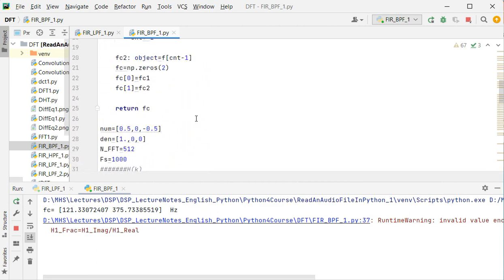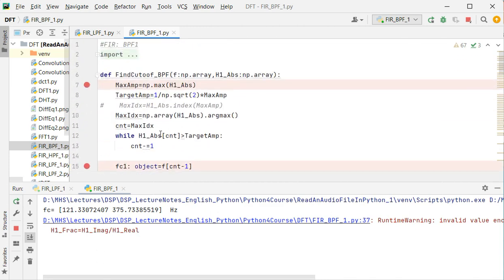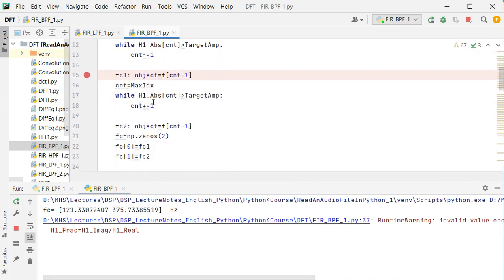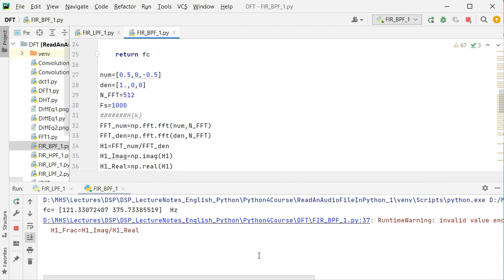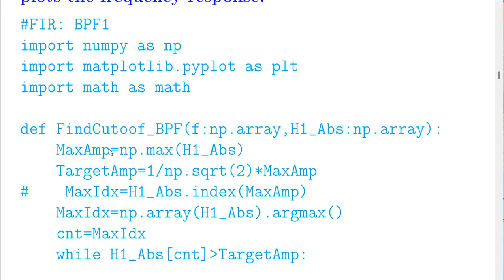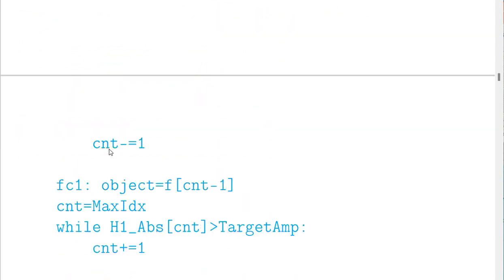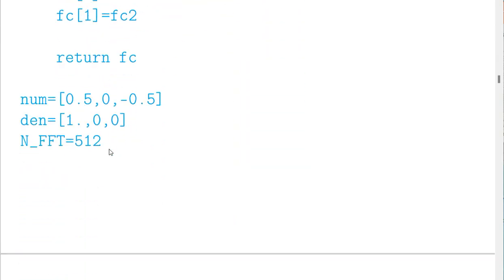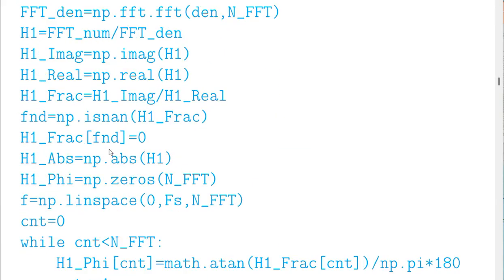And here you see the algorithm for finding two cutoffs, find cutoff for bandpass. How it's done? Very simply, you may find it. Later, you'll get access to the code. So scrolling very fast to keep the length of the video as short as possible.